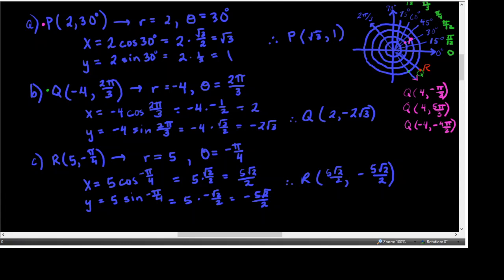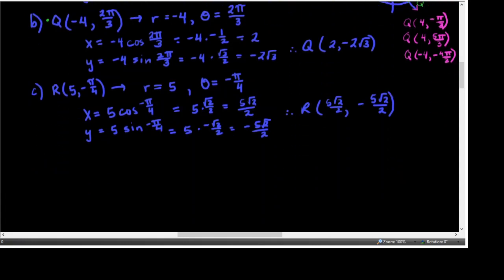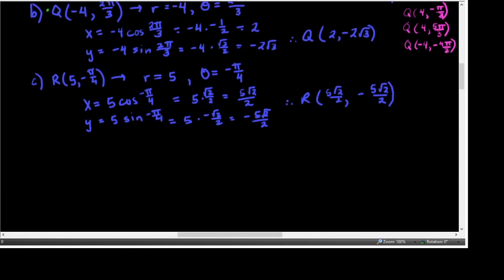Then looking at the rectangular coordinates, 5 square roots of 2 over 2 would be to the right, and negative 5 square roots of 2 over 2 would be down, and so that seems like a logical position for that. And of course the graph isn't perfect, so you'll have to use your imagination a little bit there. But it's logical.